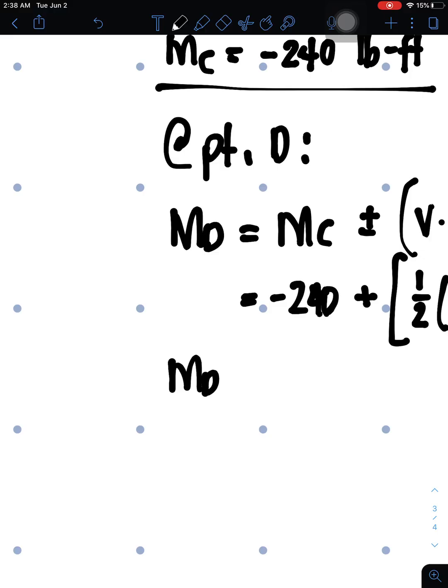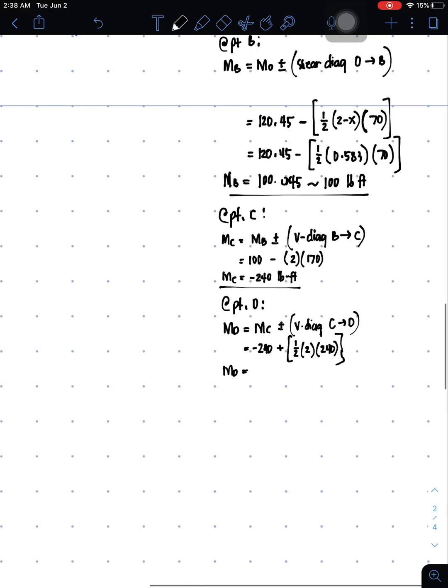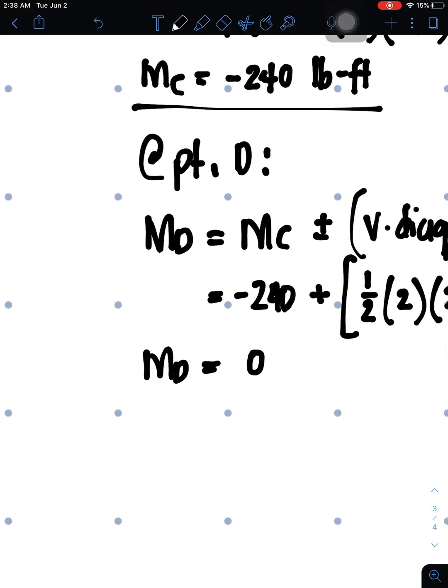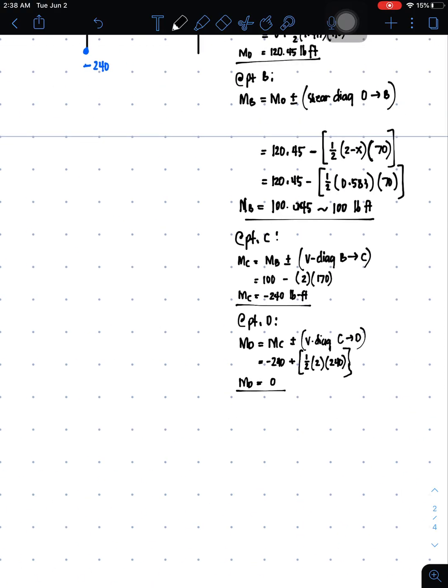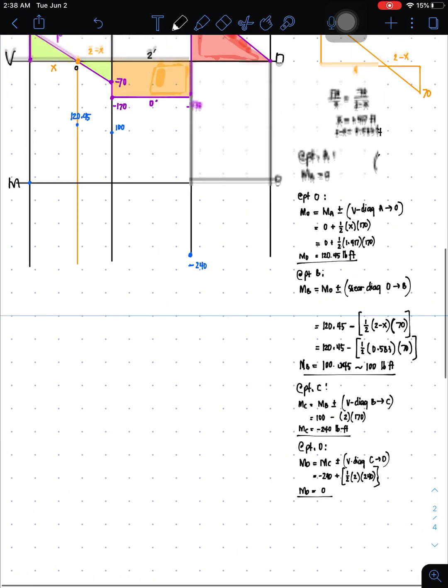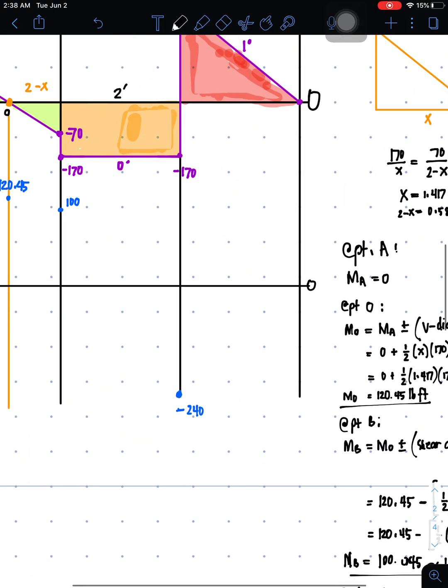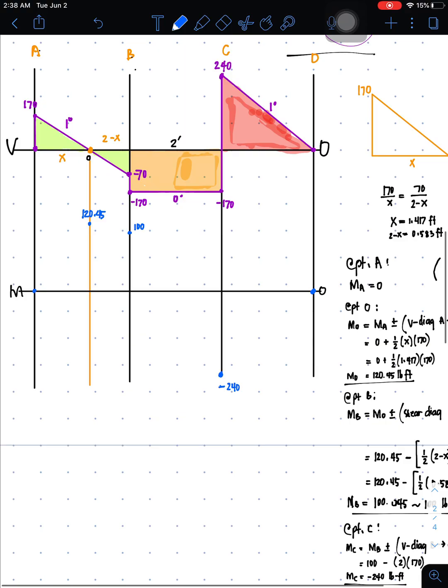So therefore MD is how much? 0. That's negative 240 plus 1/2 of 2 times 240. So 0. You plot it here in MD as 0. It's there. Okay, so let's connect.